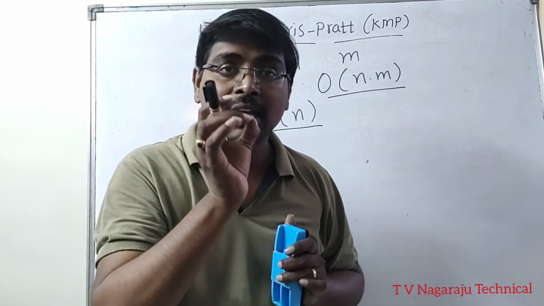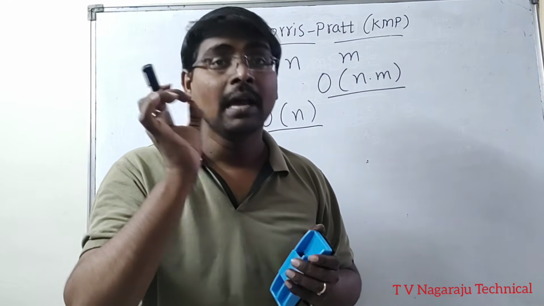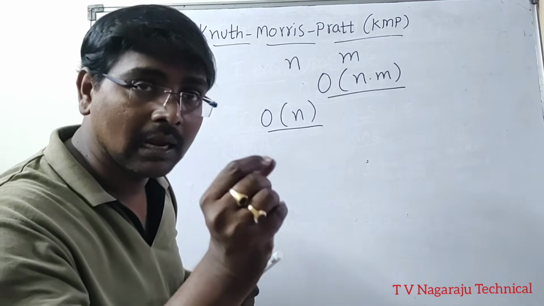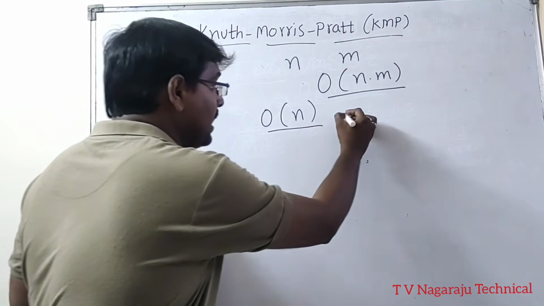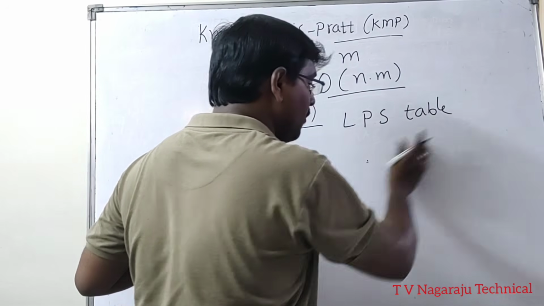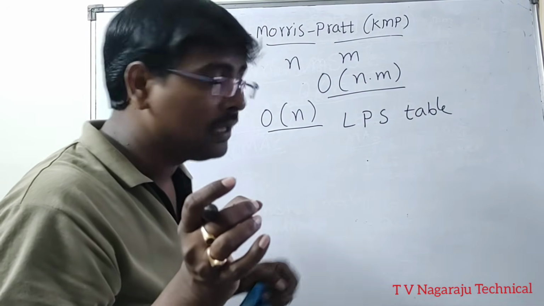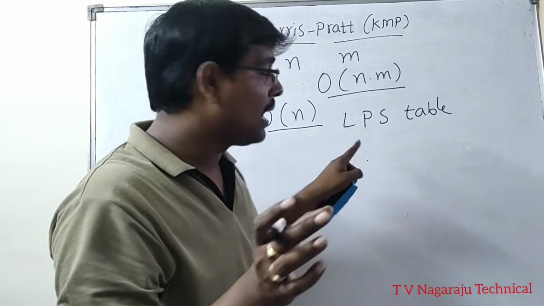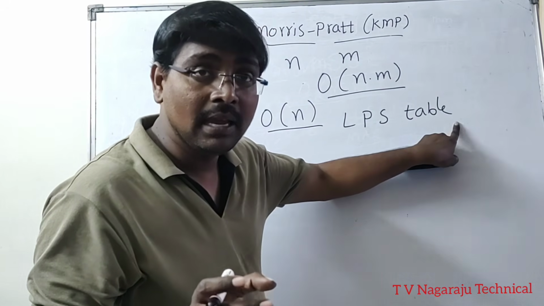Whenever there is a failure, that means a mismatch occurred, the KMP algorithm uses the LPS table instead of backtracking.